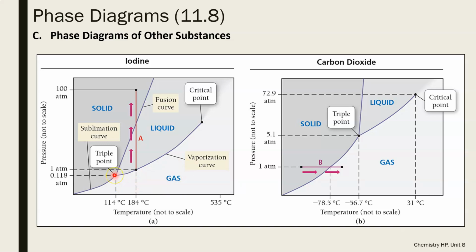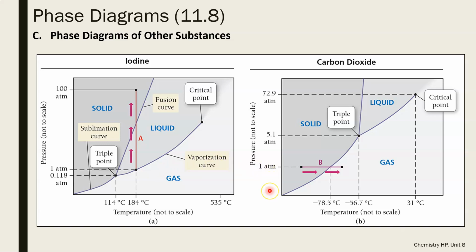Notice the triple point for iodine is here. We can find on the pressure axis 1 atmosphere of pressure. So under normal conditions of pressure, we can take iodine, which at room temperature would be a solid, and heat it up into its liquid phase and then ultimately into its gaseous phase as we went through the various points there.